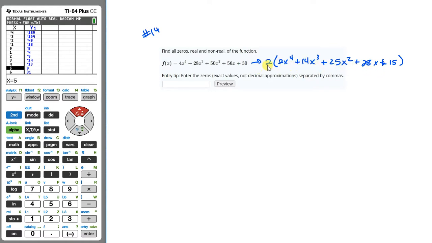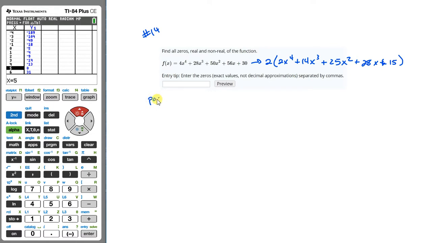We've factored out a GCF of 2, so anything that makes the original polynomial 0 would also make this reduced one 0, and vice versa. So how do we proceed? We need, hopefully, to find some zeros. Let's look at the rational zeros theorem.